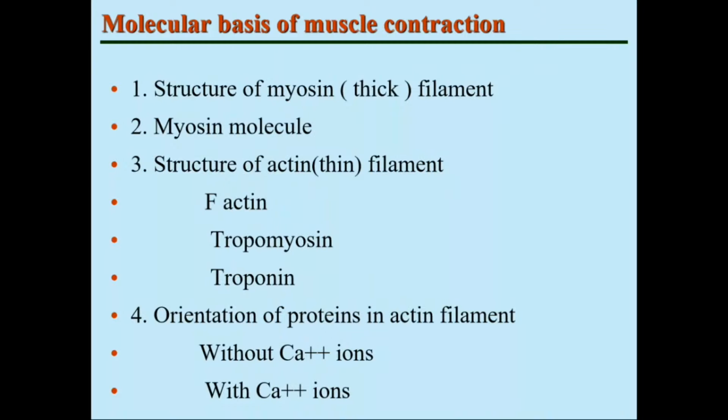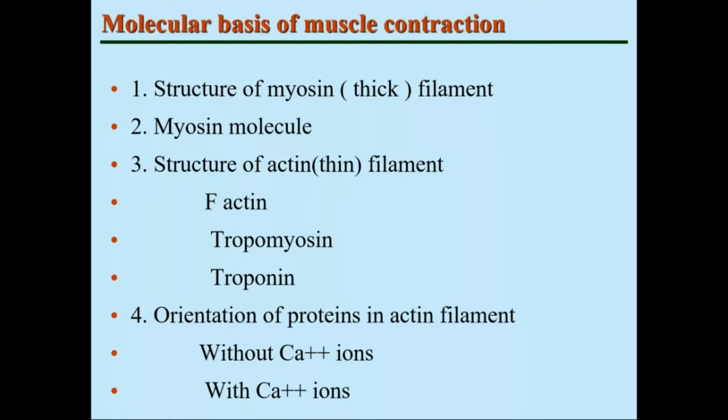Right. Now let us go a little more into the details of muscle contraction. We'll consider first the structure of the thick filament or the myosin filament. Then we'll consider the structure of myosin molecules which form the myosin filament. Then we'll consider the structure of the actin filament or the thin filament, the components like the F-actin, the tropomyosin and the troponin.